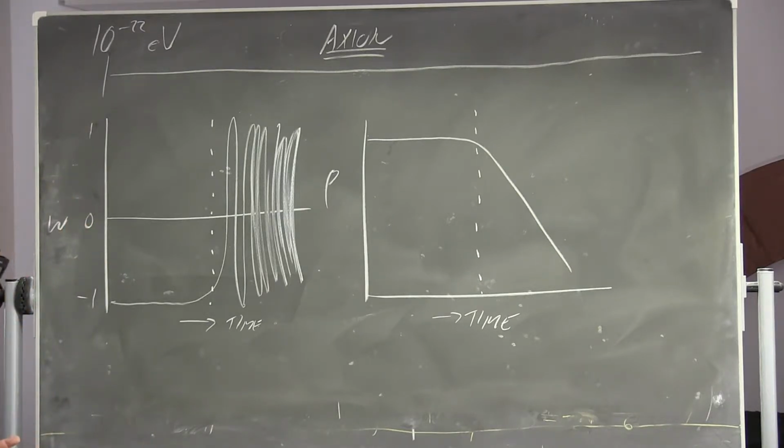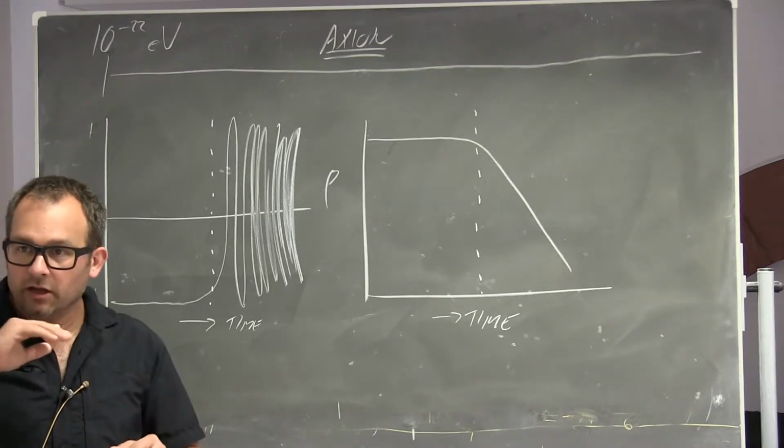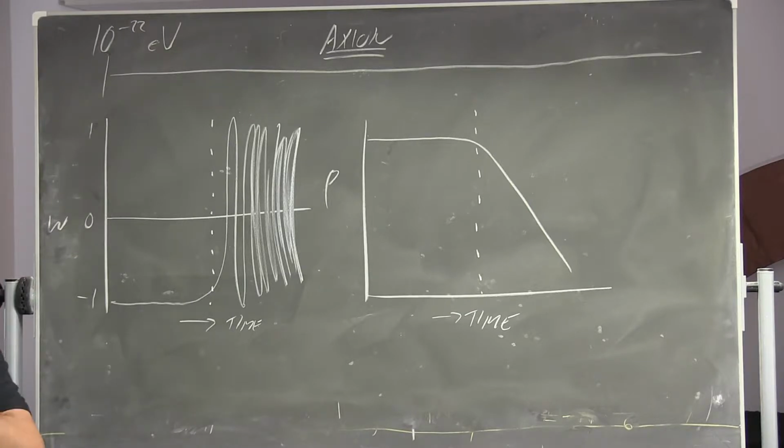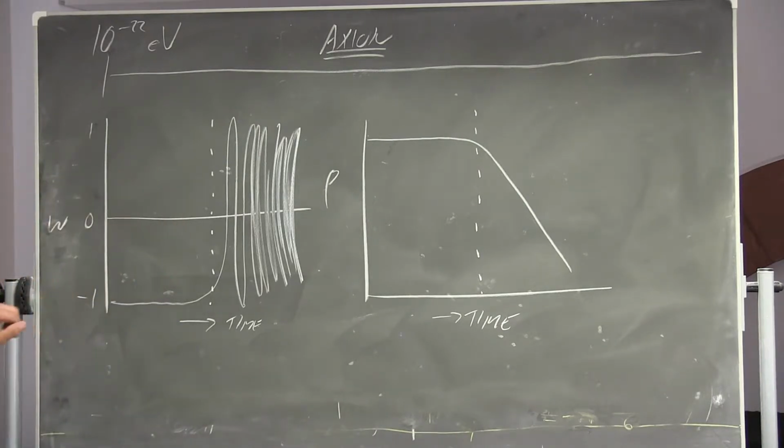From a cosmological point of view, the axion basically does the following. The axion initially starts as a scalar field that is approximately flat. It may remind you a little bit of what happens with an inflaton.